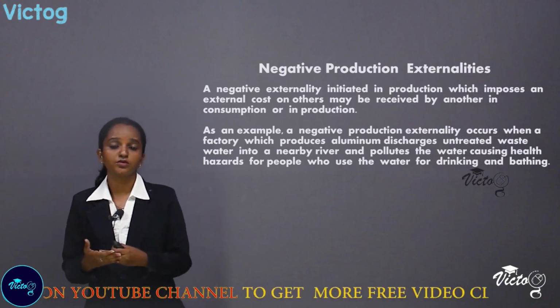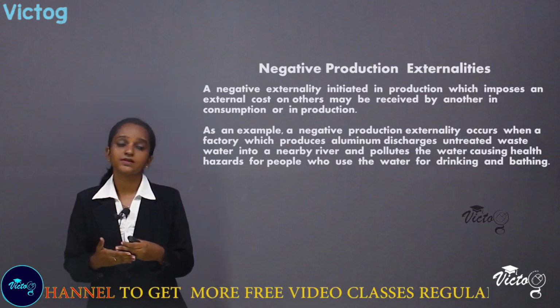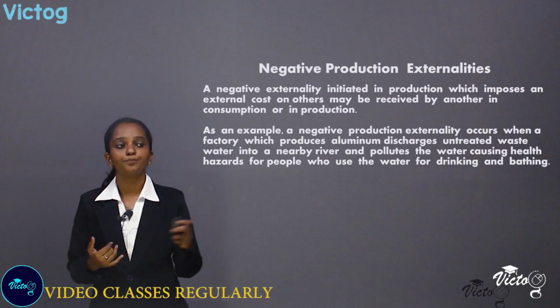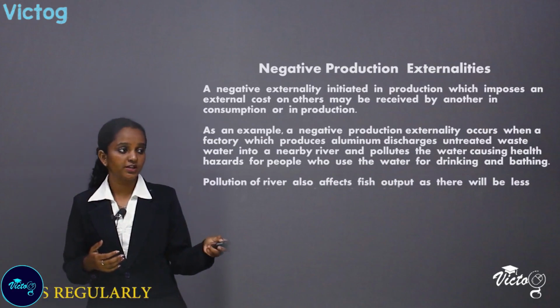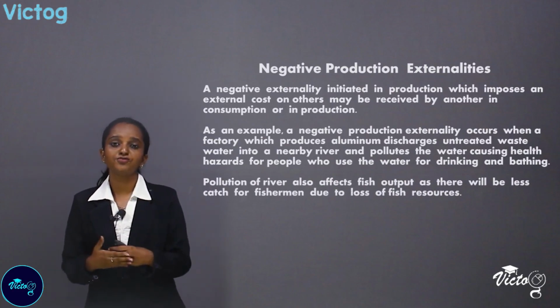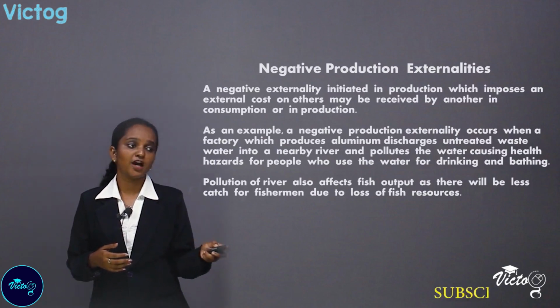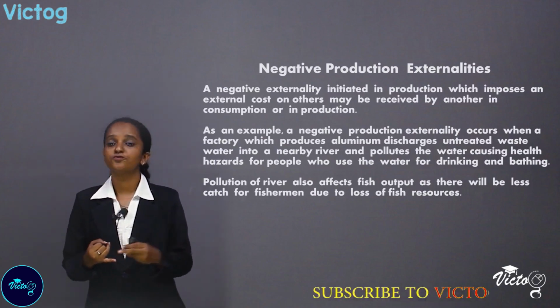The river gets polluted, causing health hazards for people who use the water for drinking and bathing, and this will also affect the fish output, as it will lead to a lesser catch for fishermen due to loss of fish resources.